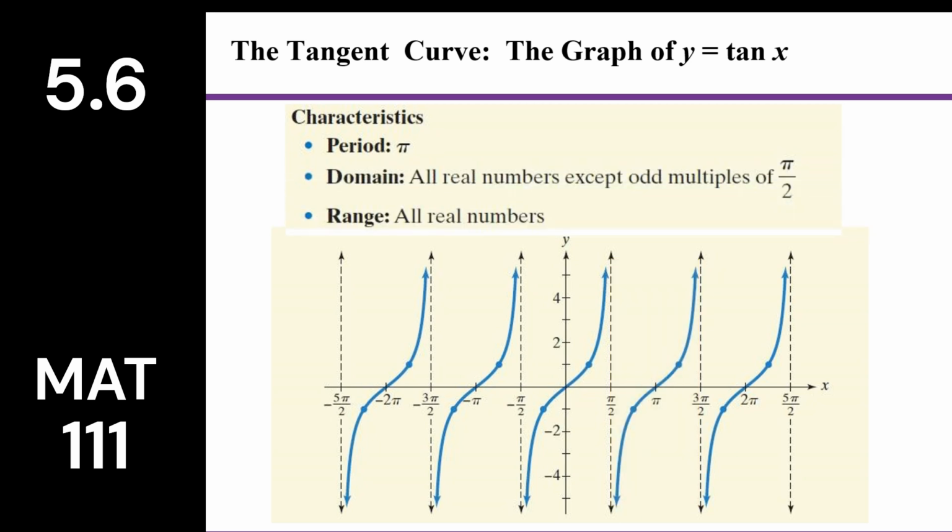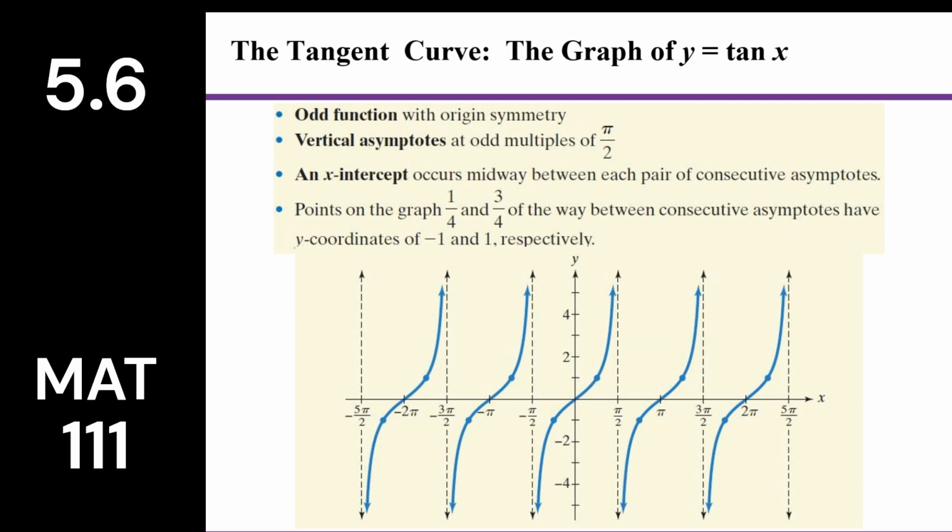Notice that the domain is going to be all real numbers except where we have the undefineds, and this occurs at odd multiples of pi over 2. And the range is all real numbers because we get everything from negative infinity all the way up to positive infinity. The tangent curve is an odd function, so the tangent of negative x equals the negative tangent of x.